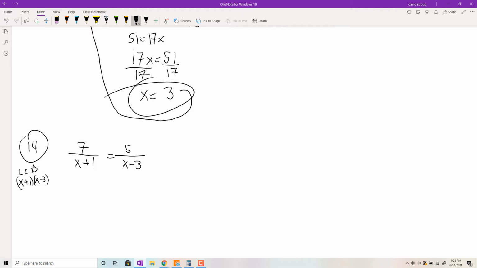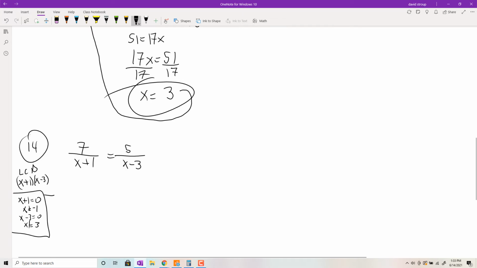Let's get the restrictions while we're here. So I need to set each denominator equal to 0 and solve. So x can't be negative 1 and x can't be 3. Okay, so just all of our information. Let's box that up. Multiply both sides by x plus 1 times x minus 3.